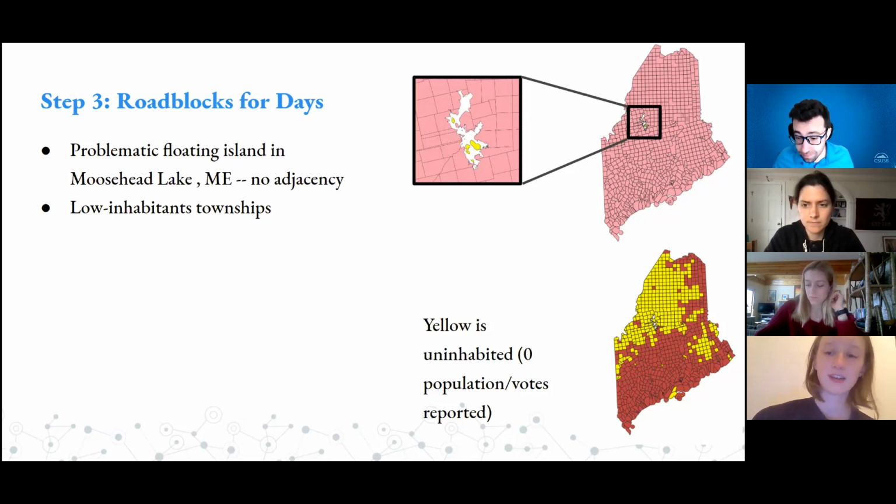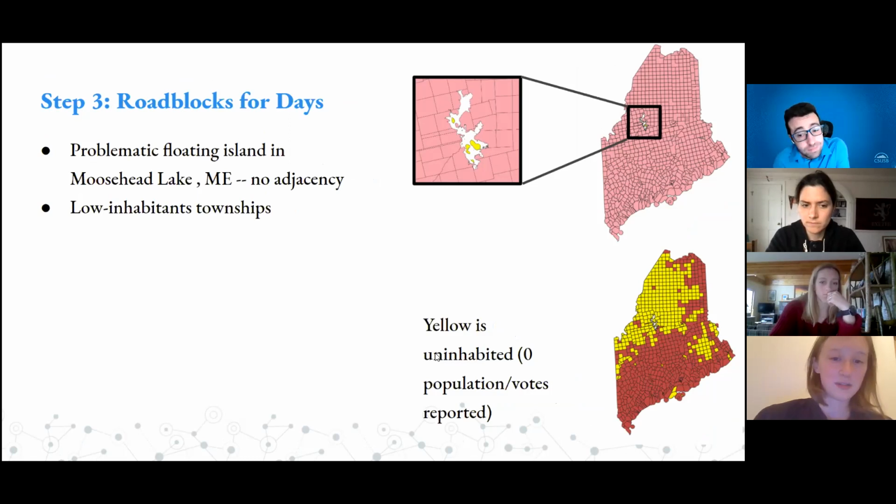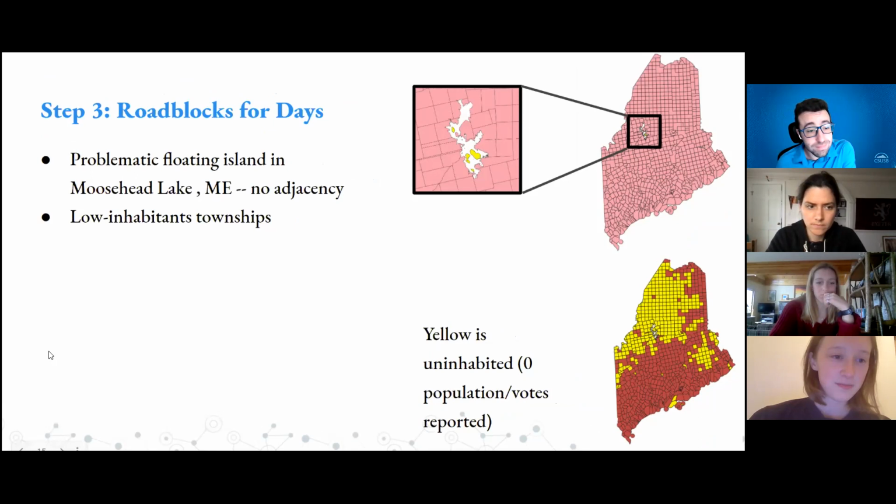And we spent like a week or so combing through the different data sources and trying to make sure that each town was named exactly the same across each data source, but the issue turned out to be just this small island that had no adjacencies. So we just declared it as adjacent to the nearest precinct, and then all our problems went away. But yeah, it was a tedious process. I'll pass it on to Corinne.